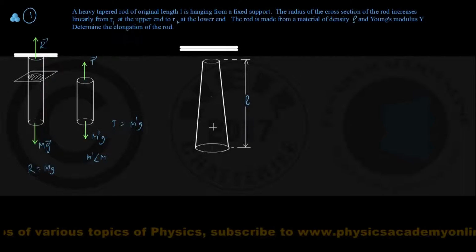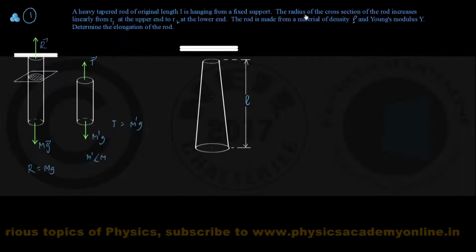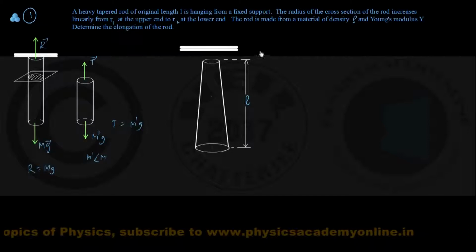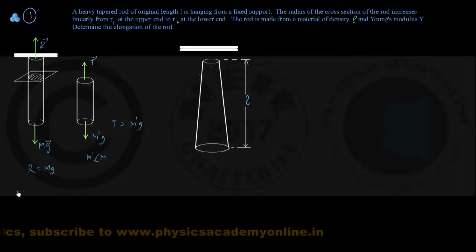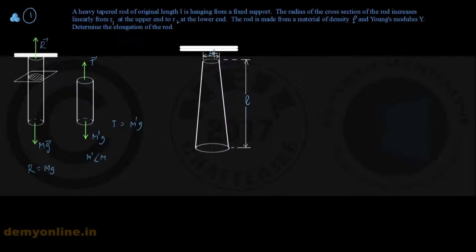This is L. And the radius of cross section, that is circular cross section, increases from R1 at the upper end to R2 at the lower end. So I might show here that for the upper end circular cross section, the diameter is equal to twice R1, and similarly for the lower end the diameter is equal to twice R2.